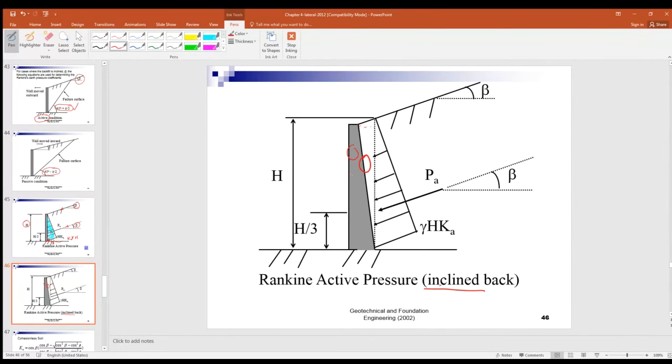The front face is vertical, but the back face is sloping. The back is the sloping surface to the retaining wall, right? So you just draw a vertical line there.